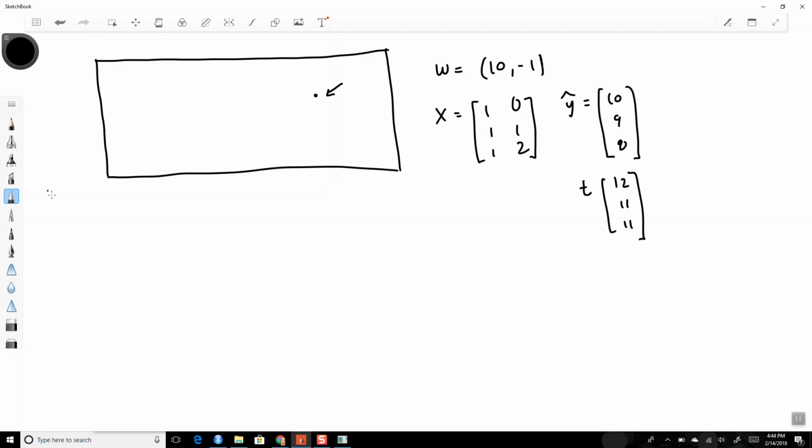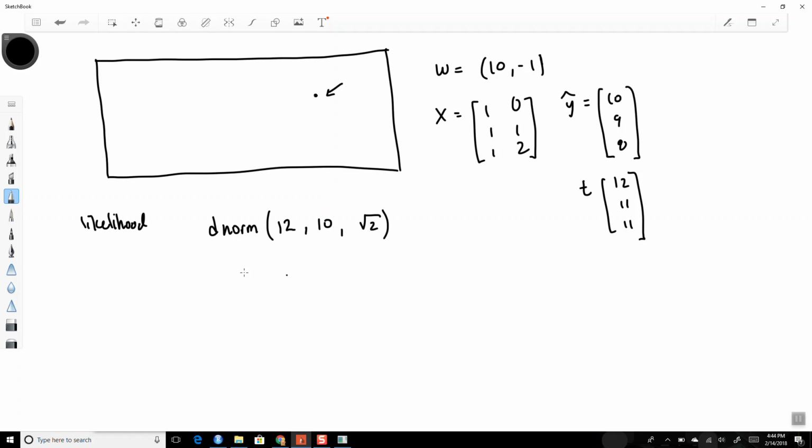And so for the likelihood, let me write it in this notation. What is the likelihood of getting 12 if the mean is 10 and my standard deviation is the square root of 2?